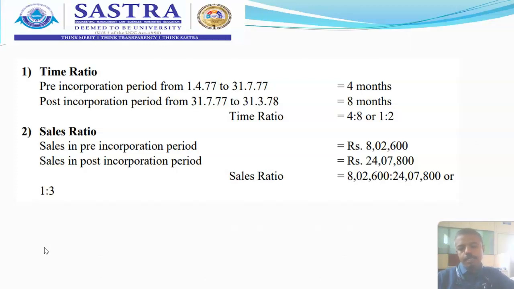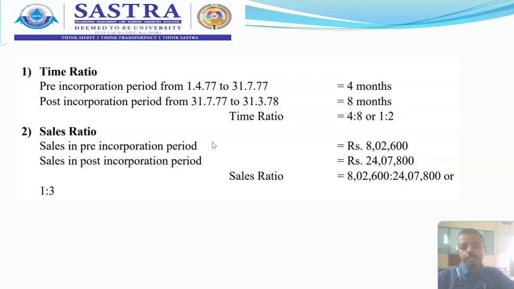Pre-incorporation period, the sales were rupees 8,02,600, whereas post-incorporation, the total sales were rupees 24,07,800. So you can try to simplify this to your level best and make it a single digit number as much as possible.